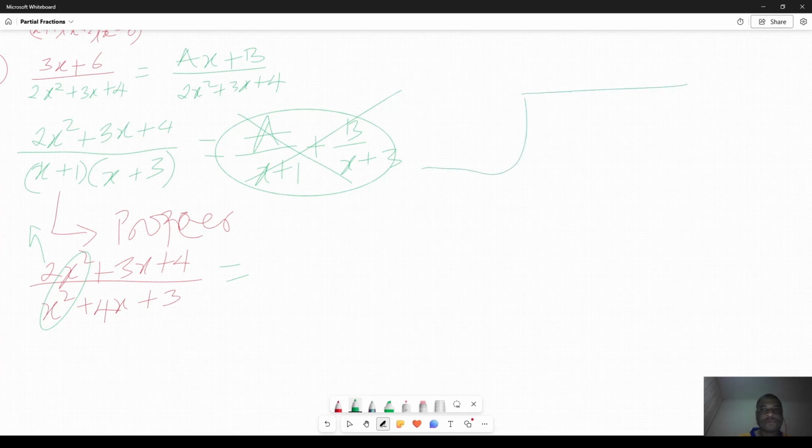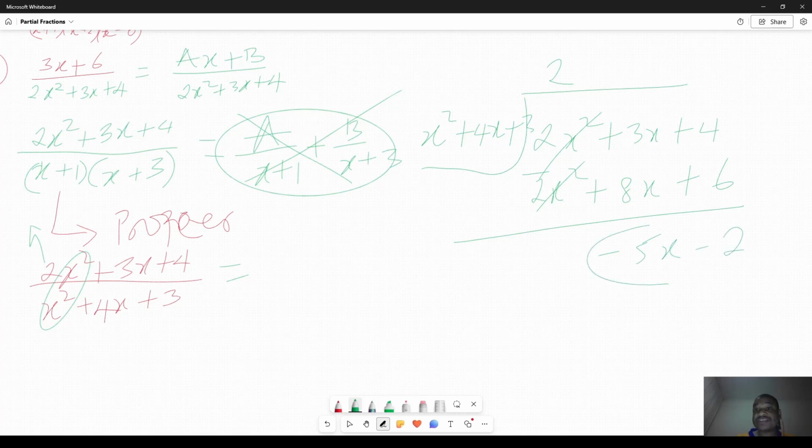So this will be 2x squared plus 3x plus 4 and x squared plus 4x plus 3. So this divided by this will give me 2. Then you multiply, so 2x squared plus 8x plus 6. So you subtract, this we cancel, so minus 5x minus 2. So you see there's a remainder.